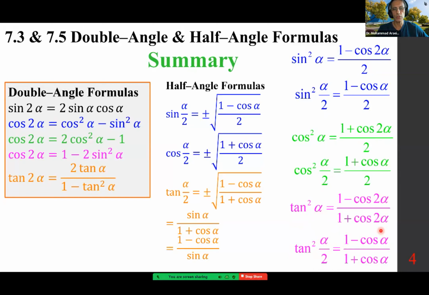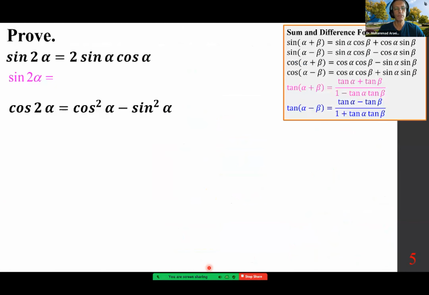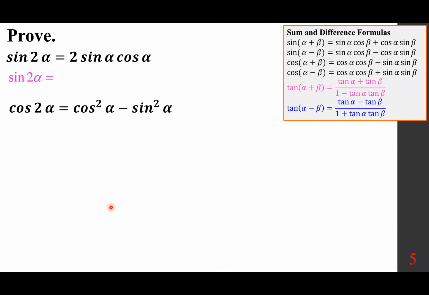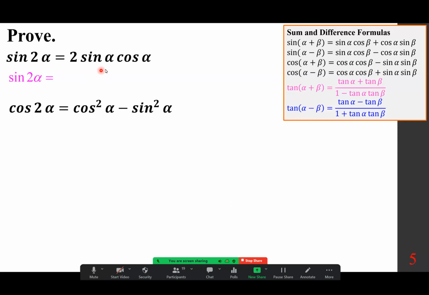What I want to do is to quickly go over the proof of this. Sine of 2 alpha is 2 sine alpha cosine alpha.